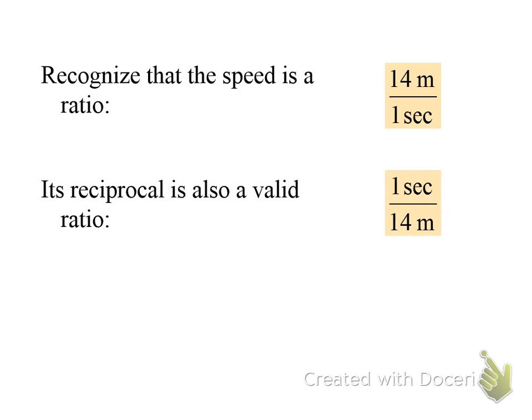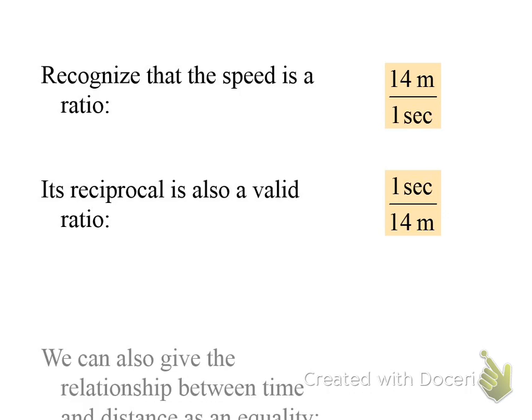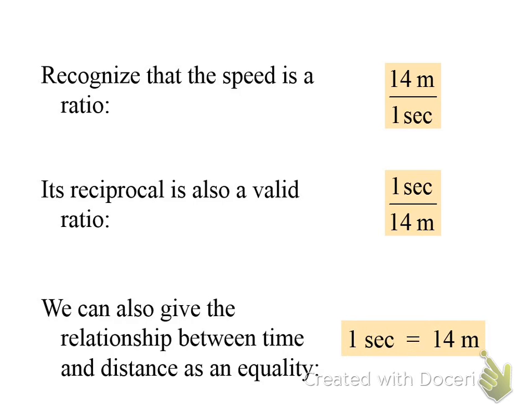So those two ratios are the inverse of each other, right? We could also flatten it out, and again, it's just a particular property of this particular loon. We could say for this loon, I know it's weird to think that time is equal to a distance, but 1 second is equal to 14 meters. So if you want to, that's our equality to deal with.